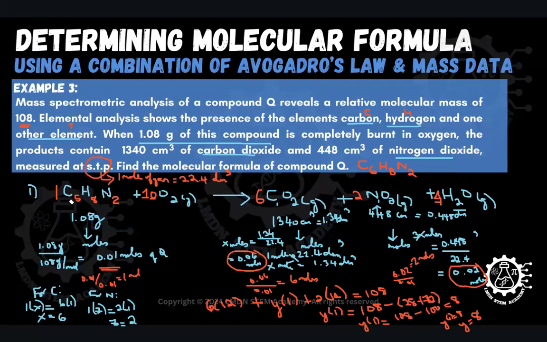So what we did, we wrote our generic equation, we converted the mass to moles, the volumes to moles using the molar volume here, and then we were able to do some deduction to figure out the missing values of X, Y, and Z. So definitely pause if you need to, just sit with everything and make sure that it's clear.